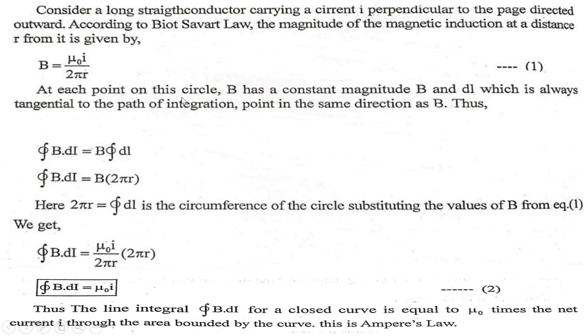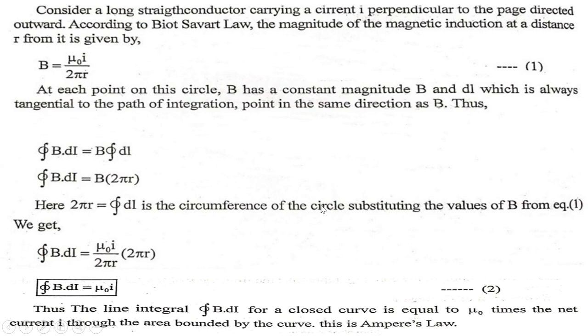At each point on the circle, B has constant magnitude and dl, which is always tangential to the path of integration, points in the same direction as B. Thus, the line integral of B dl equals B times the line integral of dl. So, the line integral of B dl equals B times 2 pi r, where 2 pi r, the line integral of dl, is the circumference of the circle.